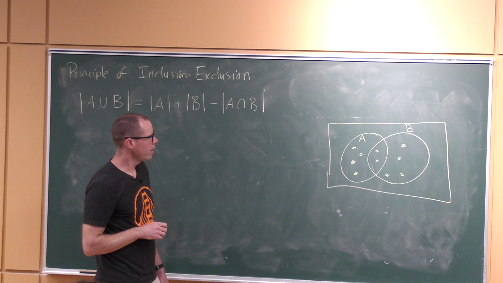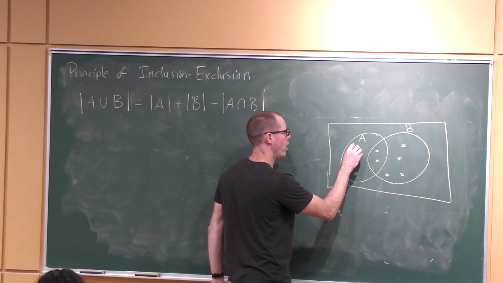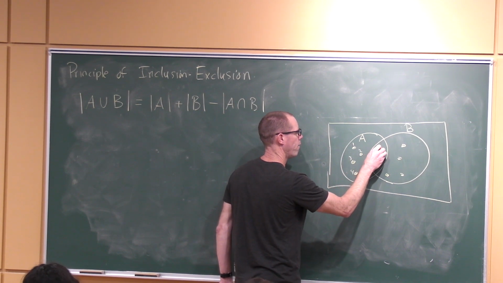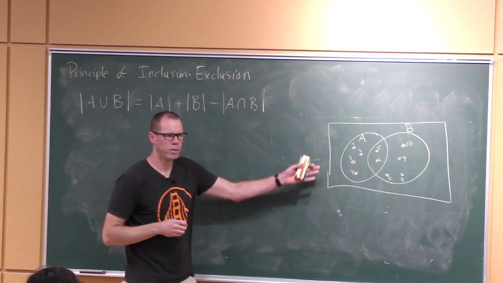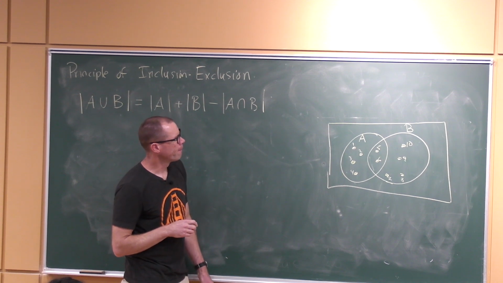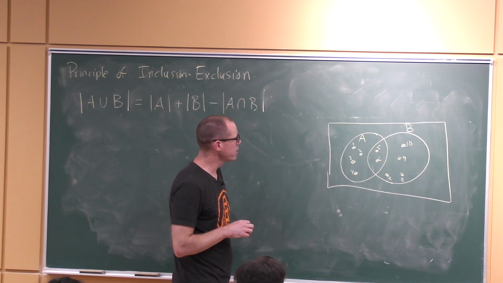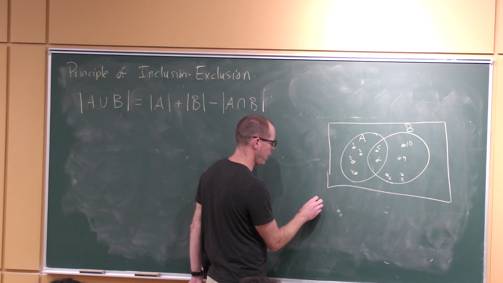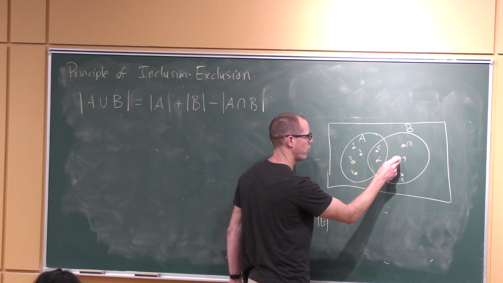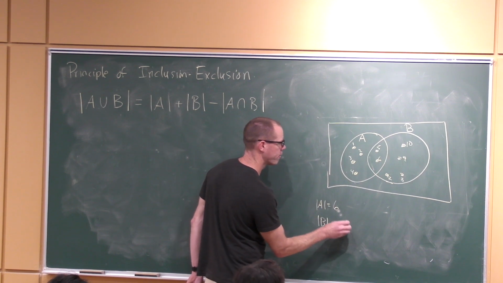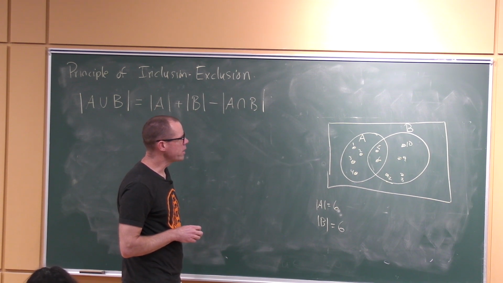So, and these are the elements in A union B. There's 1, 2, 3, 4, 5, 6, 7, 8, 9, 10 of them. And these we can just count. We can see them. Okay? So if we take the size of A plus the size of B, so size of A is 6. Size of B is 1, 2, 3, 4, 5, 6. Then we get 12.